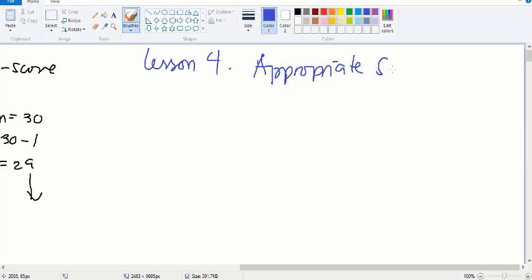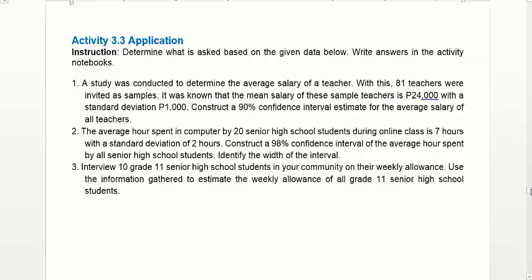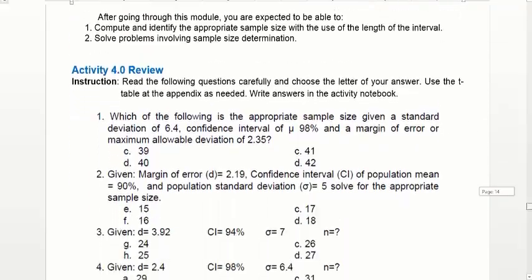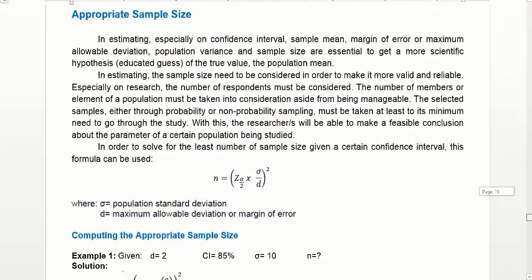Appropriate sample size using the confidence interval. Okay. So, ano nga ba yun? Page 14. Let's go to page 14. Okay, this one, appropriate sample size using length of the interval. Ang appropriate sample size is the sample size that you need to get, na kailangan mong gamitin, in order to get the closest value to the true value.